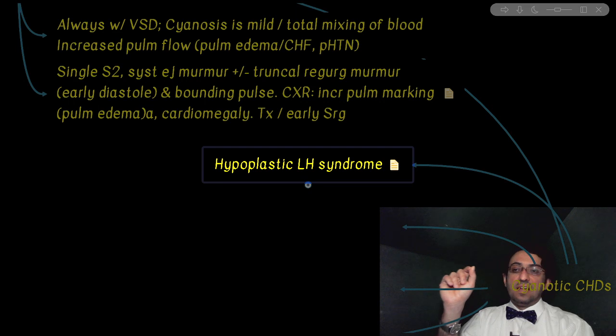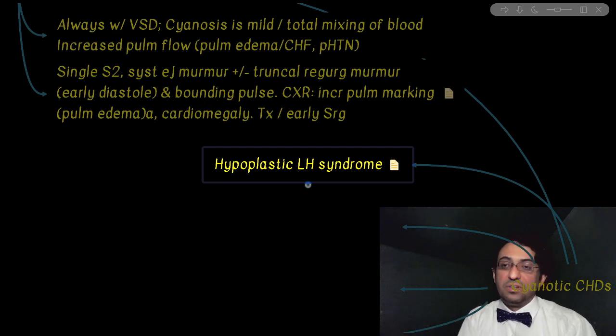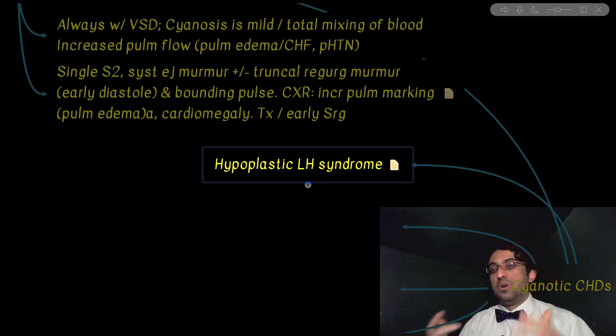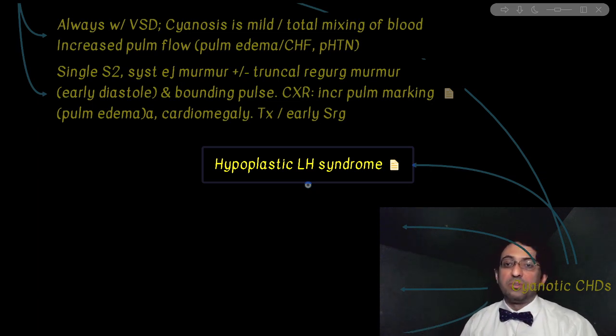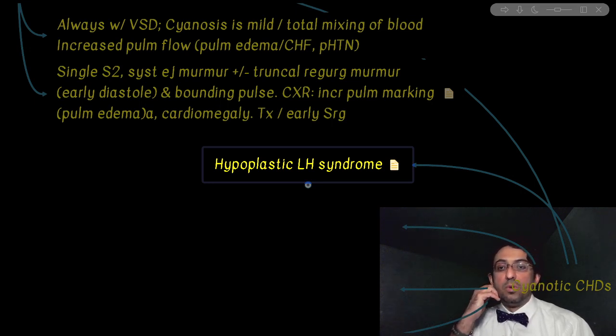How is this analysis relevant to hypoplastic left heart syndrome? Well, in hypoplastic left heart syndrome, the right ventricle supports both pulmonary and systemic circulations, and therefore survival depends on the presence of a couple of shunts, definitely PDA, but also preferably ASD.